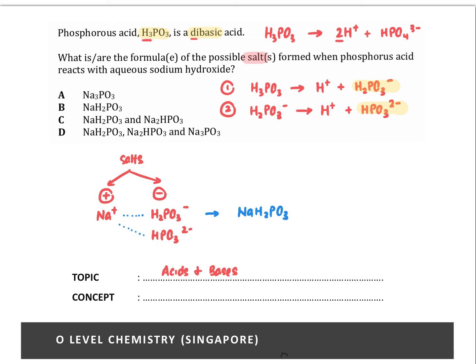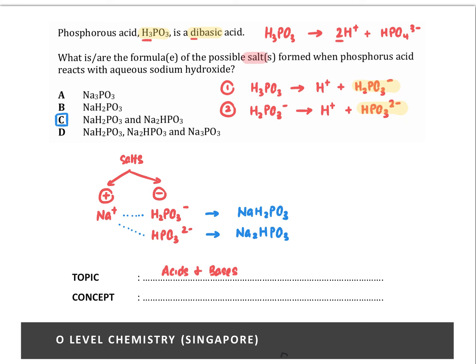So now you must find a way to make sure that the charges cancel out. And I hope by now you'll find it's straightforward that you will need two sodium ions to be paired with HPO3 2-. As a result, because of the stepwise ionization of the dibasic acid, you will end up with two different anions and you will get two different salts when you react with an alkali. So if you look at the salts that are formed, the correct answer would be C.